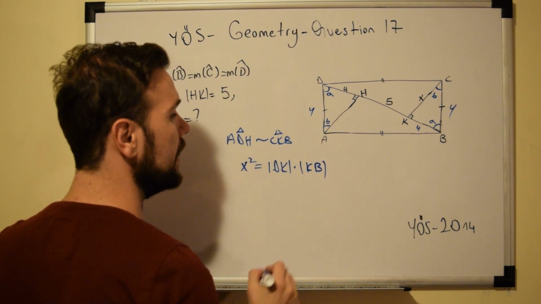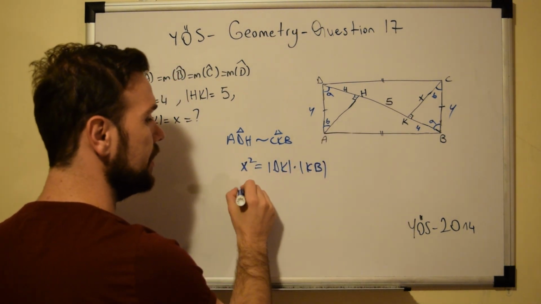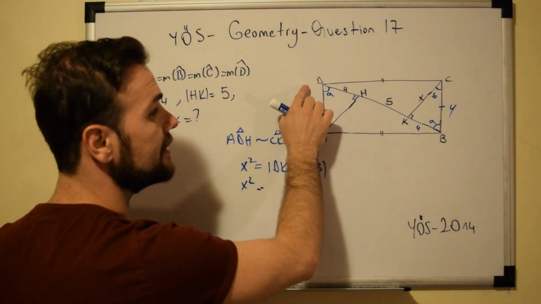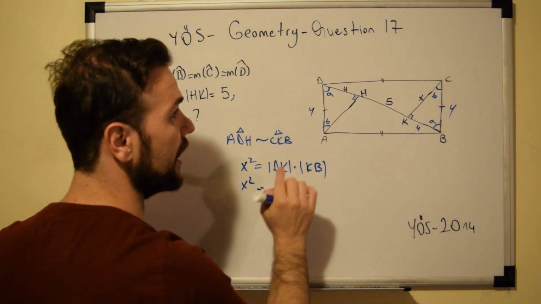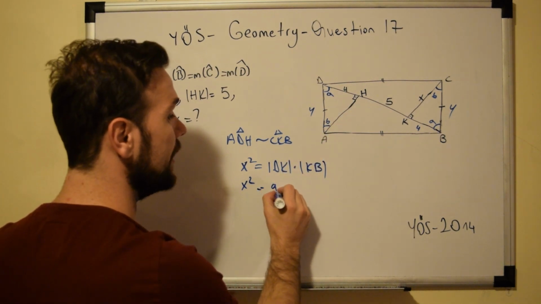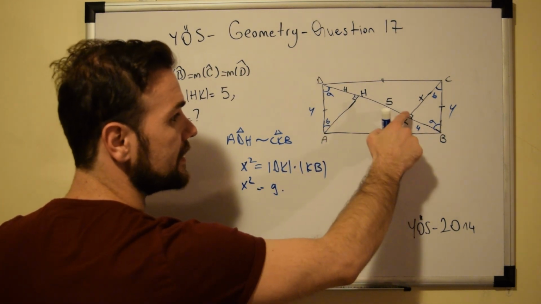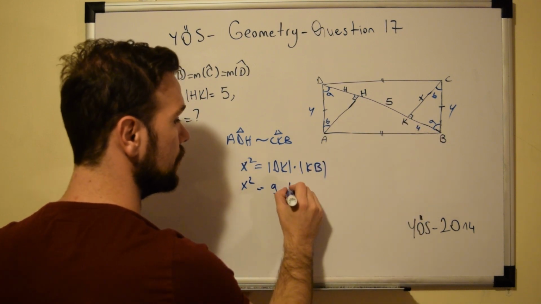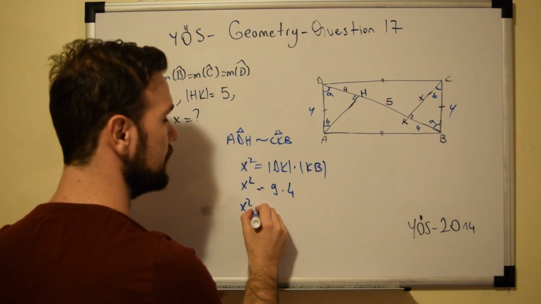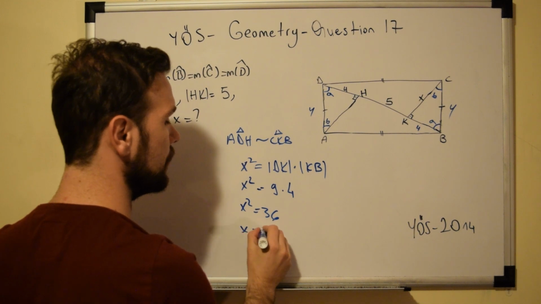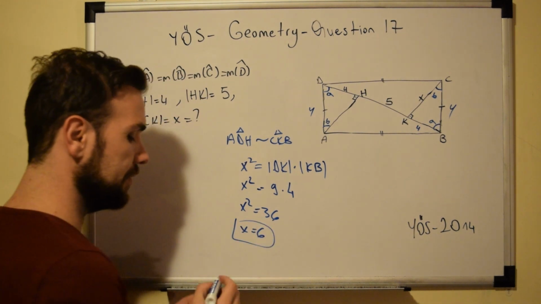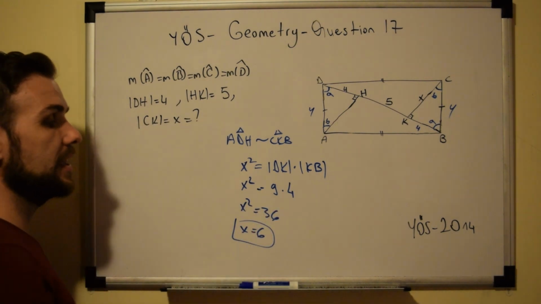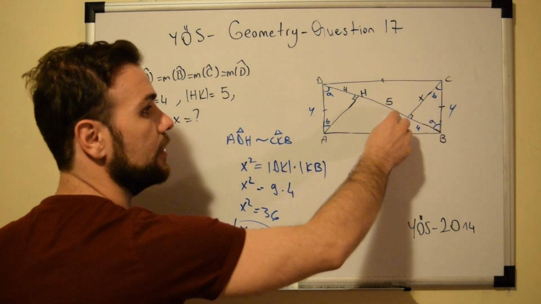Now x squared, which is also the side that we want to find, is equal to DK, which is DH plus HK, which is 4 plus 5, which is 9, times the side which we already found, KB, which is 4. So 9 times 4, so x squared is equal to 36, and x is equal to 6, because we have a perfect square. The square root of 36 gives us 6. So this side is equal to 6.